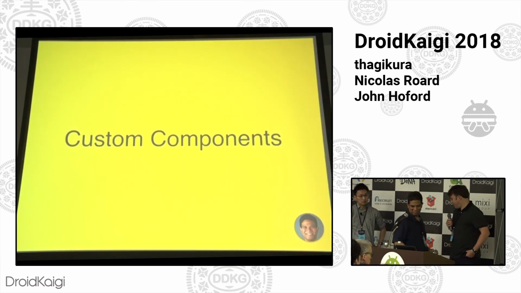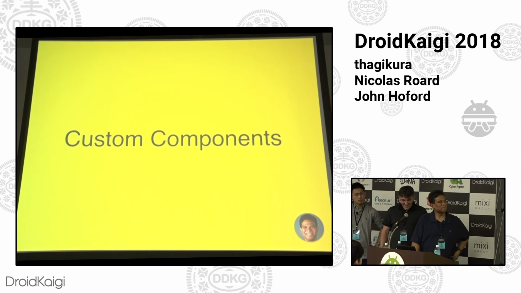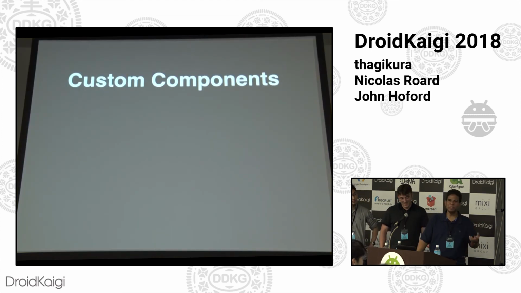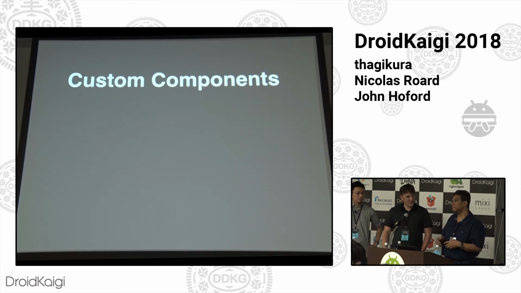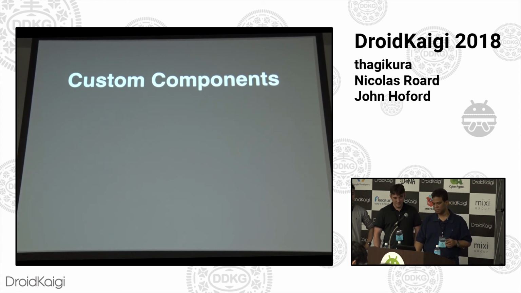Okay, we'll go through this really quickly. Custom components. One of the things you can do with ConstraintLayout, if you've built custom components in your UIs, so you might say you have a team that designs your calendar widget or something like that, is consider ConstraintLayout as a tool to be used inside of your custom components.